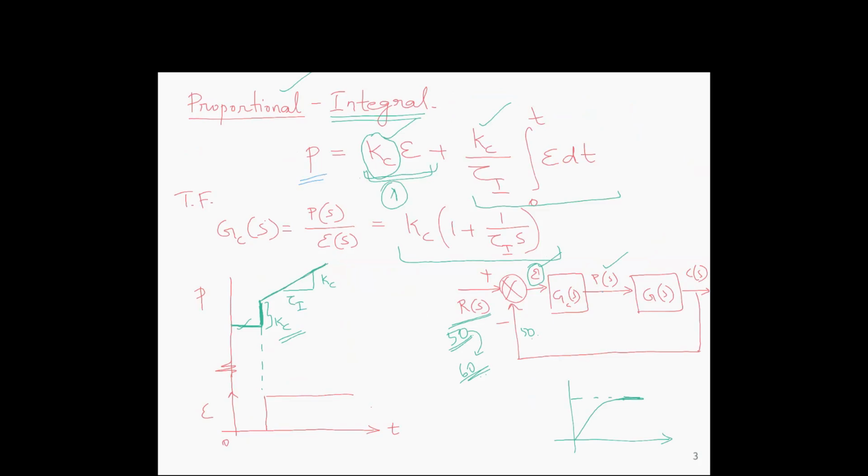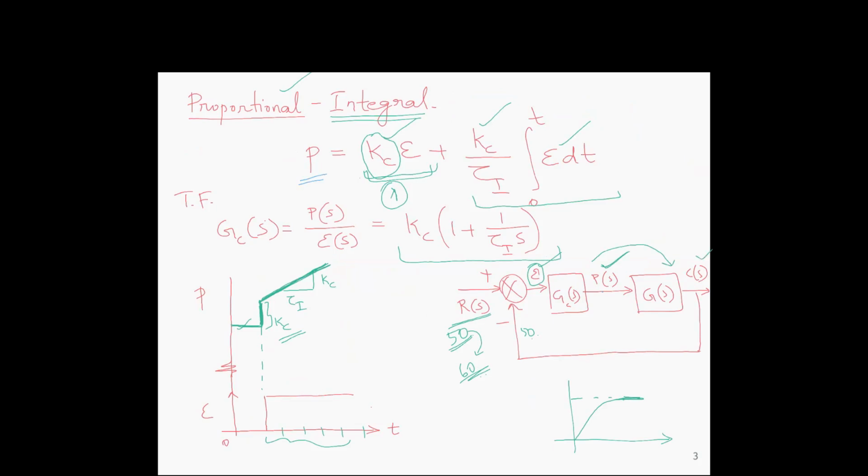So this integral part, as the error is prolonged for a lot of time, it will integrate it. It will add up all these values. So, as we add up all these values, the controller output will also increase. So more and more effort will be given by P of S, so that it forces this plant to track the output.